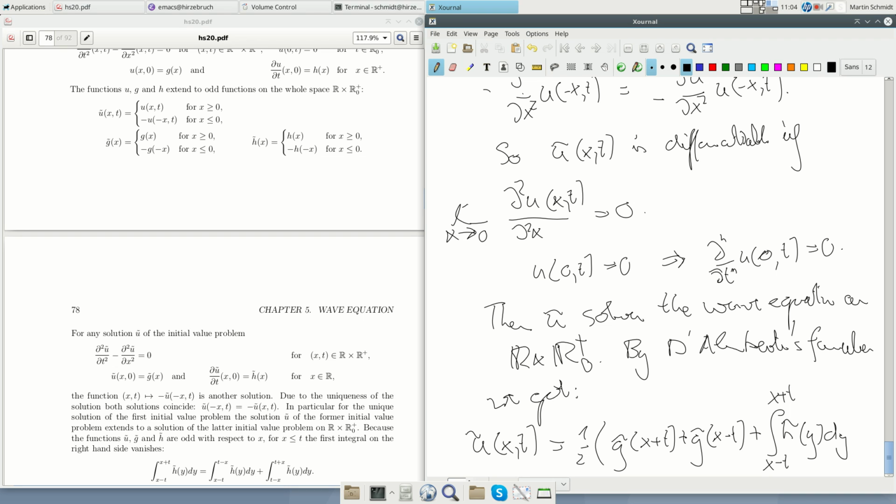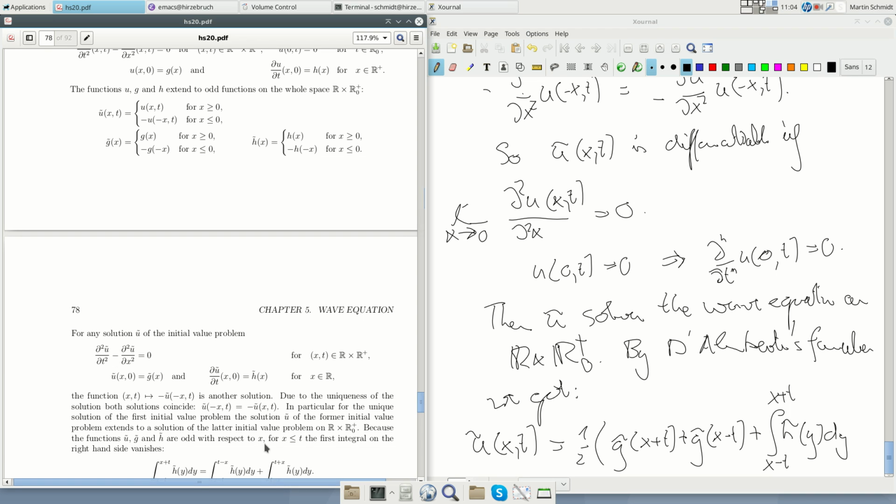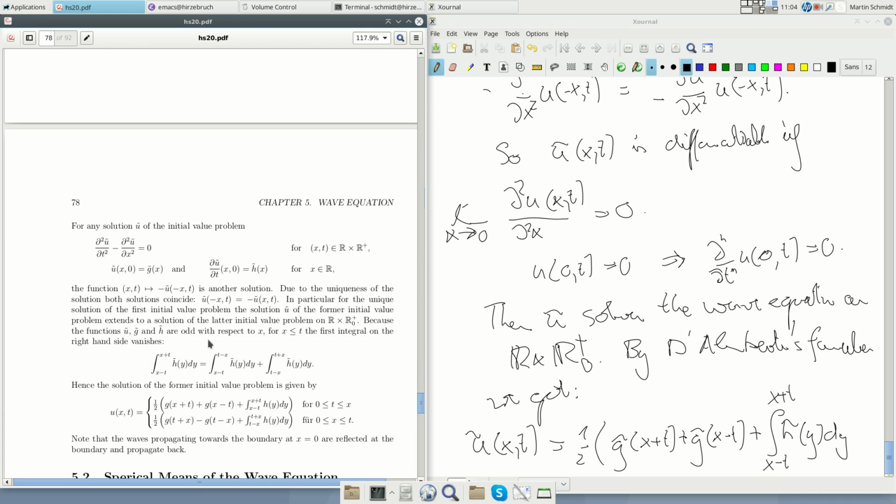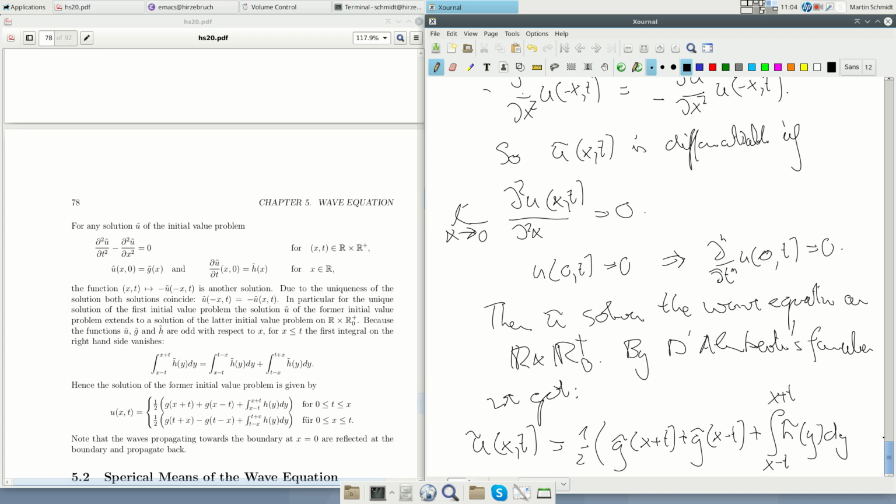Yeah, and now we may distinguish between x smaller or equal to t, or also now we may first divide this integral.